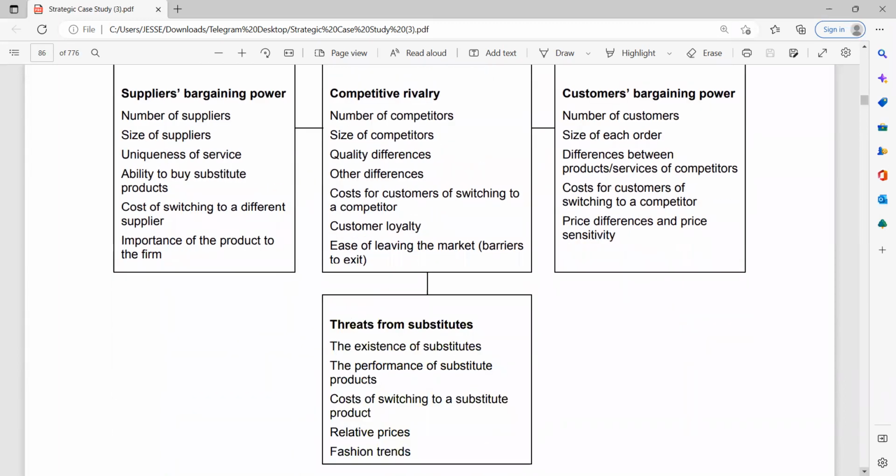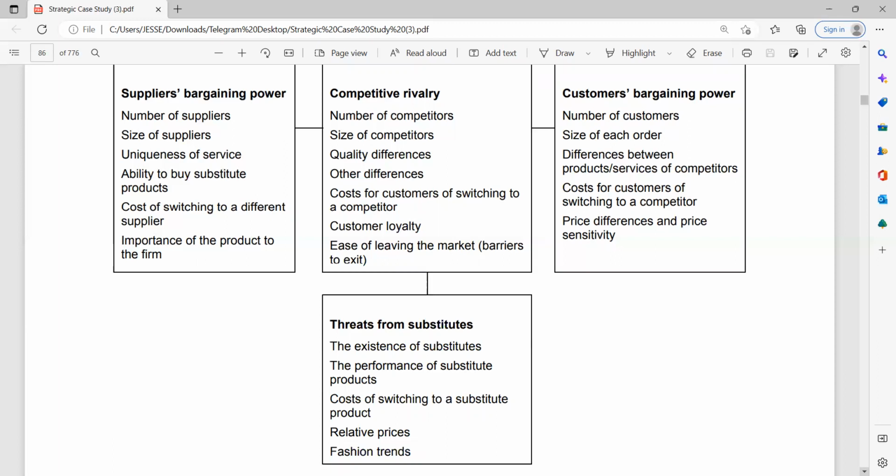Now, let's move on to suppliers' bargaining power. We've talked about all these things, but I'm trying to bring everything together. What affects suppliers' bargaining power? You have the number of suppliers, the size of the suppliers, the uniqueness of the service, the ability to buy substitute products, the cost of switching, and the importance of the product. Now, let me take the first one, for instance.